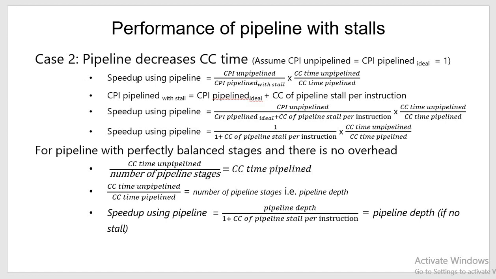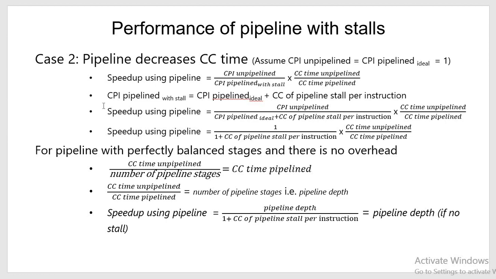So the speed up using the pipeline in terms of CC, we have already discussed this equation, and CPI pipeline with stall will be CPI ideal plus CC of pipeline stall per instruction.